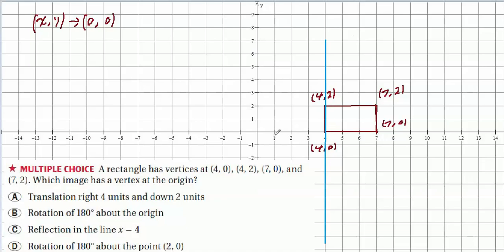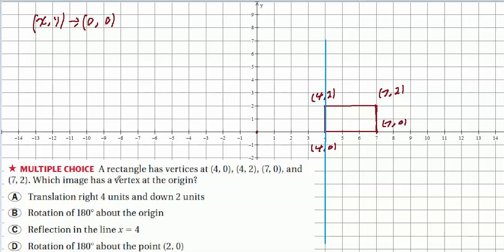For instance, here we have the point 7, 0, which is 4 units to the right of the line x equals 4. So we have to place it 4 units to the left. And that puts it right about here, doesn't it? So 7, 0 will go to the point 0, 0. Well, that's what we were looking for, wasn't it?